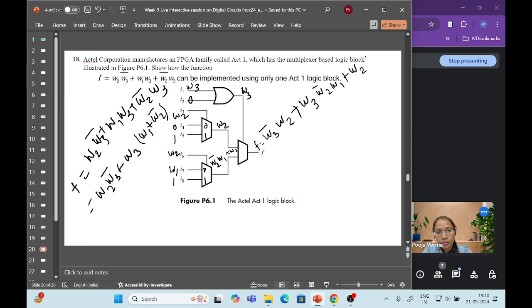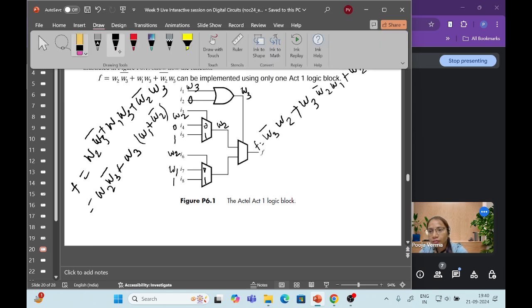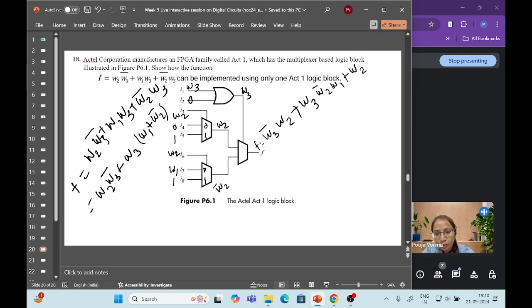Just a minute, I'm making a mistake. Otherwise, you have to take different permutation and combination to solve this problem. So here the output will be W2 dash W1 plus W2.